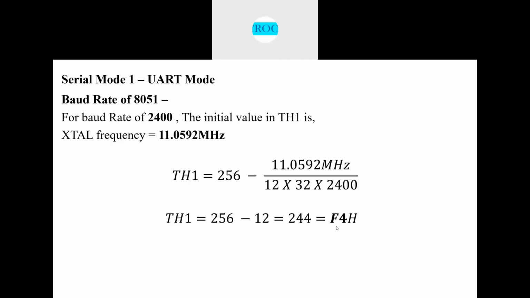You get it as F4H here. This value needs to be loaded into the TH1 register to set a baud rate of 2400. Similarly, for a baud rate of 1200, what should the count value loaded into the TH1 register be? It is equal to E6H.